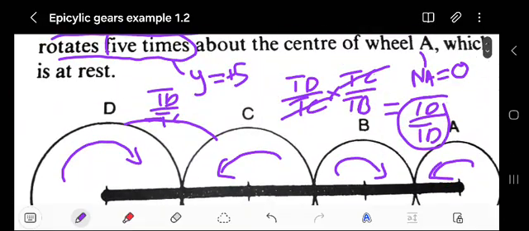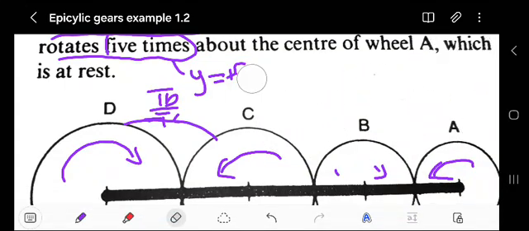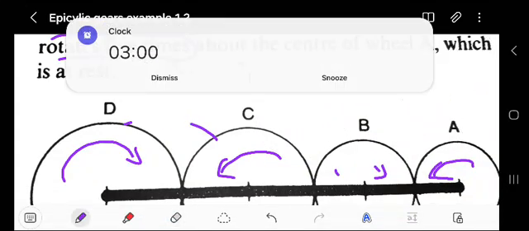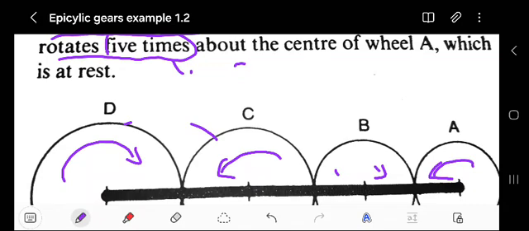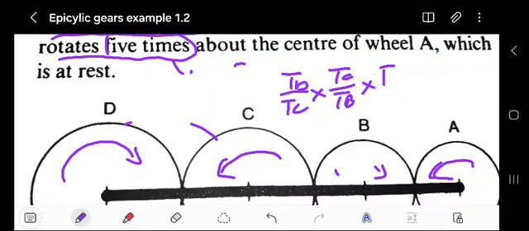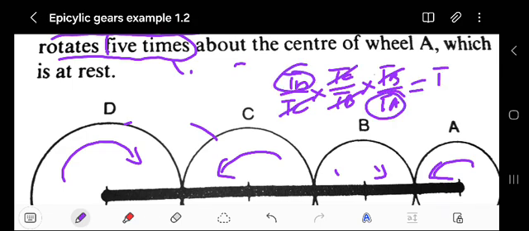Gear A is the last gear. Gear A will be TD over TC multiplied by TC over TB multiplied by TB over TA. Mathematically, if you can see, these will cancel. We'll be left with TD over TA.